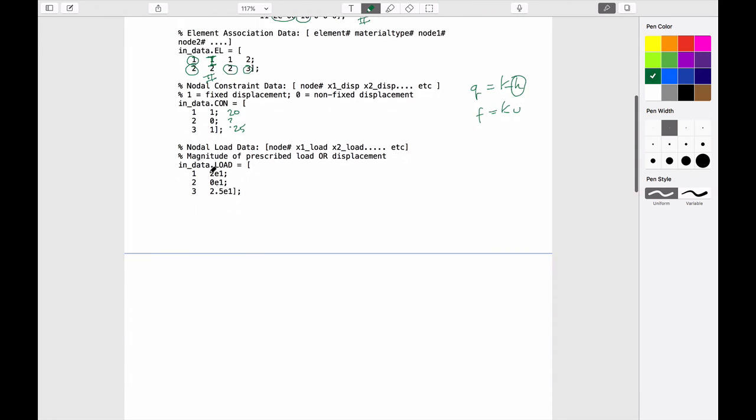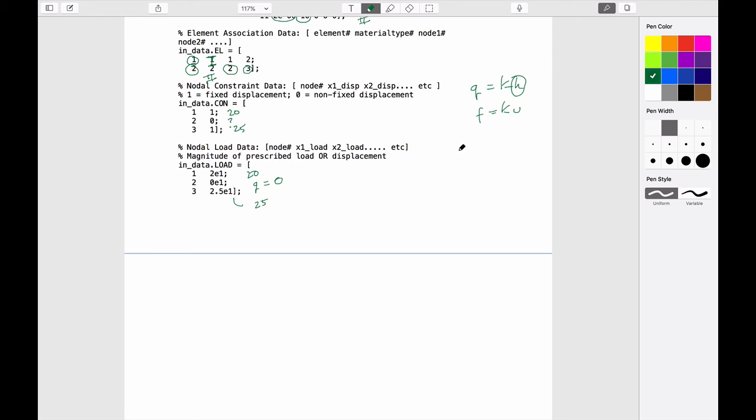And we know the magnitudes of those boundary conditions. We know that this is a prescribed head of 20. We know that this is a prescribed flux of 0. And this is a prescribed head of 25.